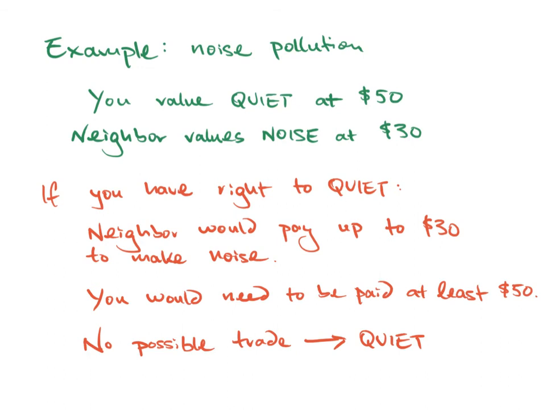I valued my peace and quiet at $50. I can pay $35 to my neighbor to be quiet. I can pay $5 to my RA to turn a blind eye to this. If there are multiple parties, it can still be negotiated.